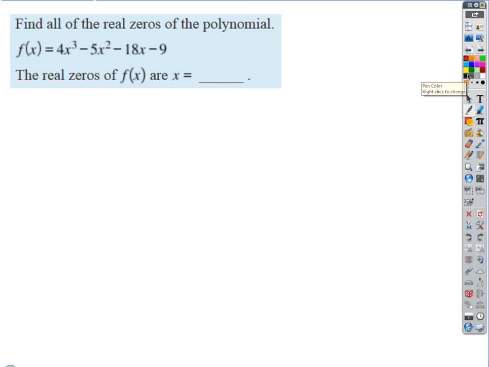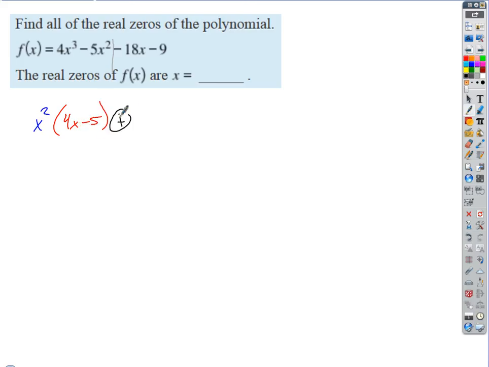What's the greatest common factor? If I try to group this, what's the greatest common factor of the first group? x squared, right? So we could factor out an x squared, leaving us with 4x minus 5. Now what about over here?